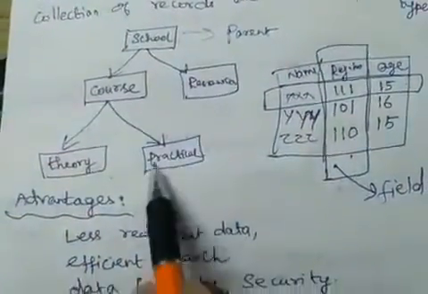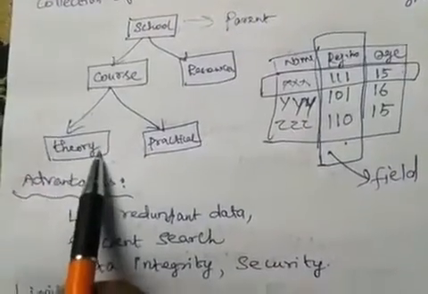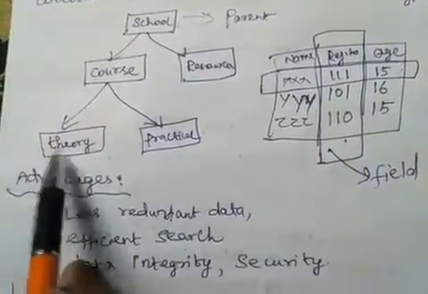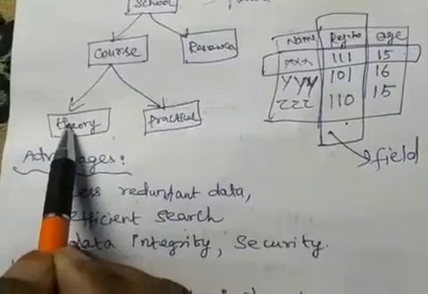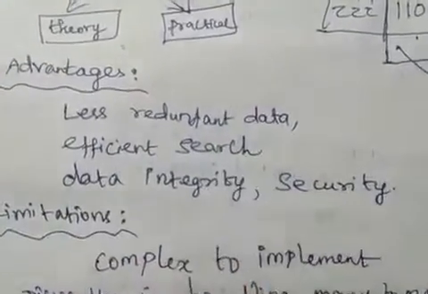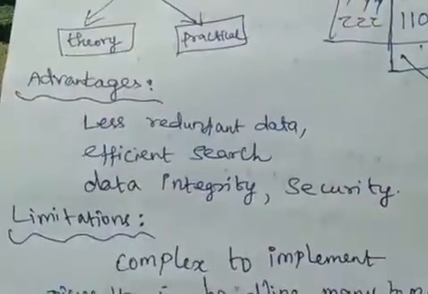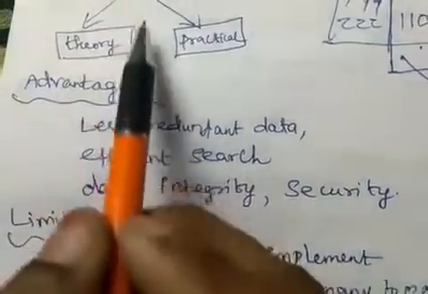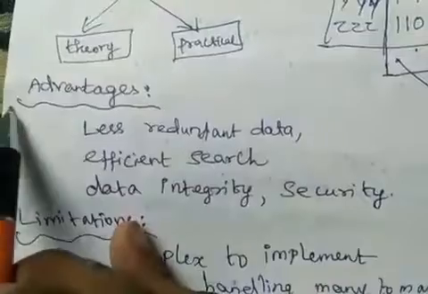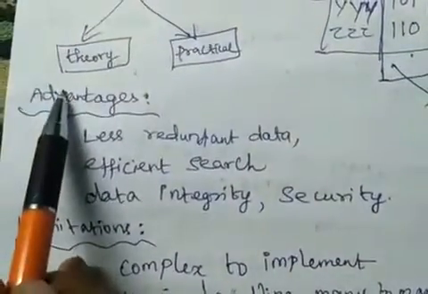Suppose we want to access the XX record stored in the theory database; we can easily access it from the parent. Duplication of data cannot be created, and we can easily search a particular record, whether he is studying practical courses or theory courses. If he is studying theory courses, we can easily identify the person.